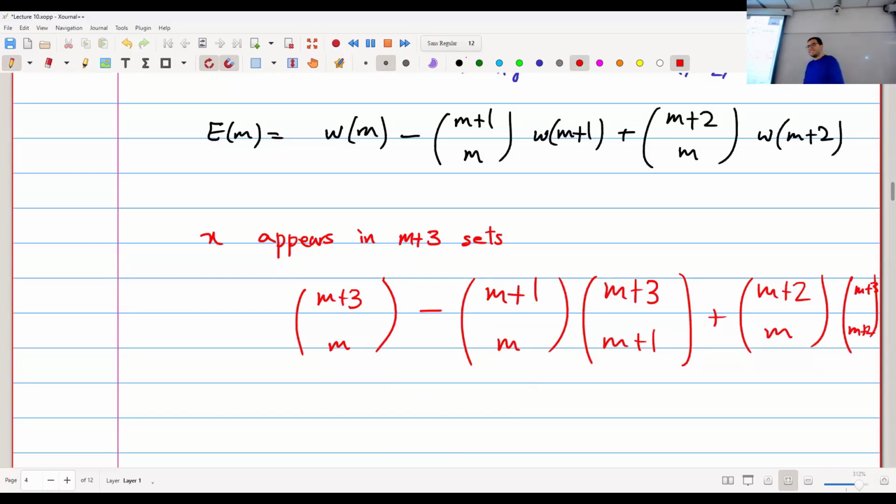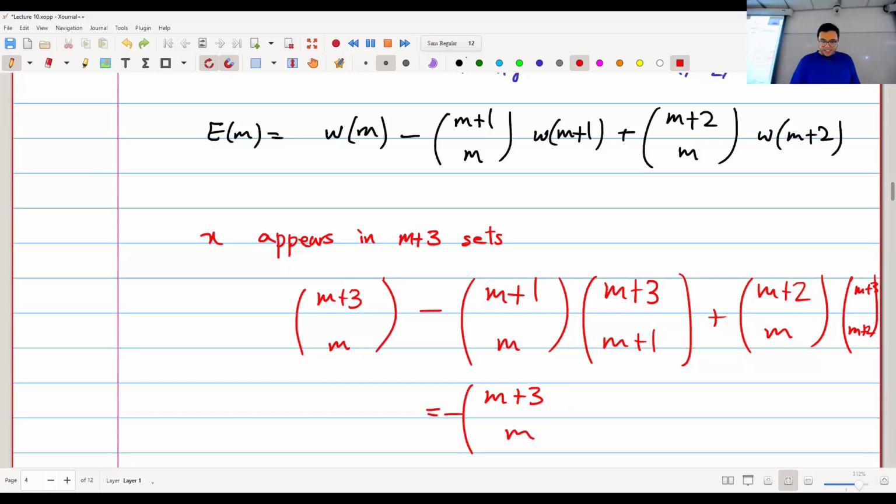Okay, this is the number of times that it's counted. But I want to make sure that it's counted 0 times. So I have to subtract this. Now, very similar to the case before, you can actually prove that this is minus m plus 3 choose m. Okay, just apply the same arguments as before.